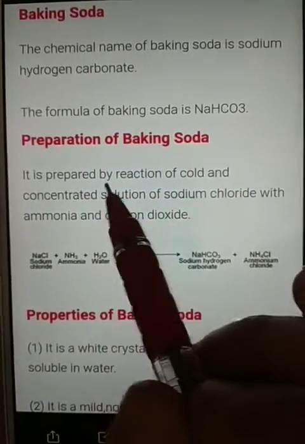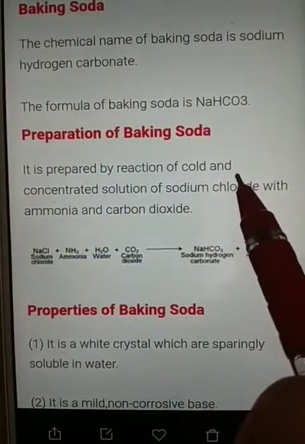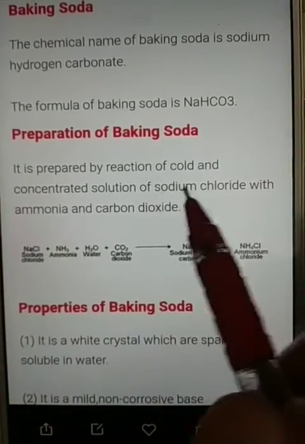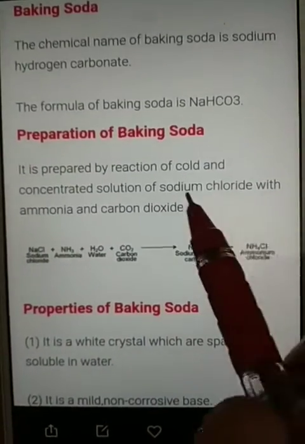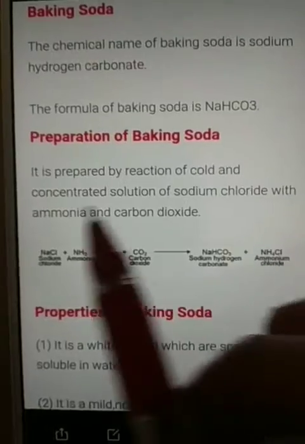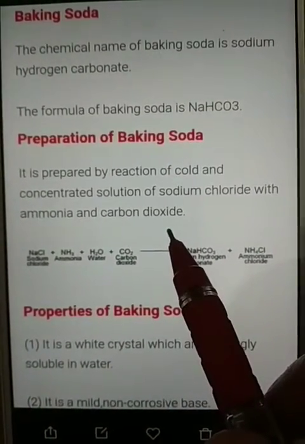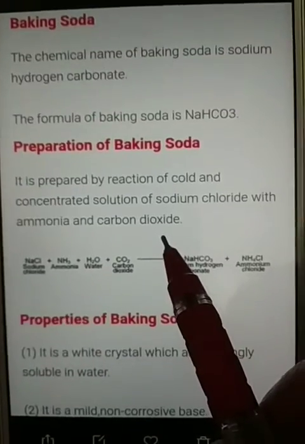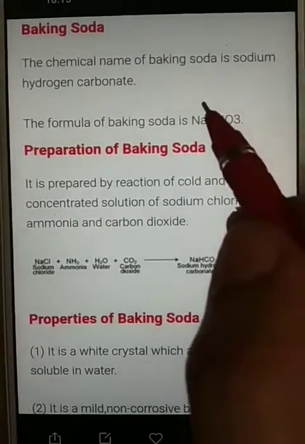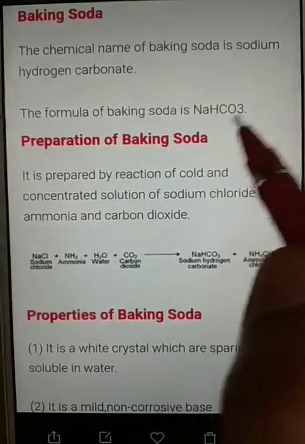It is prepared by the reaction of a cold and concentrated solution of sodium chloride, NaCl, common salt, with ammonia and carbon dioxide. You can remember it like this with the help of the formula sodium hydrogen carbonate.